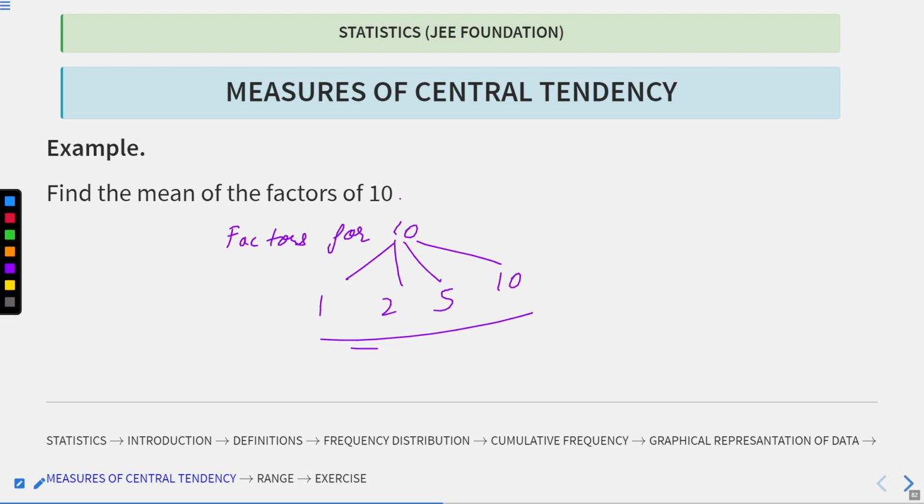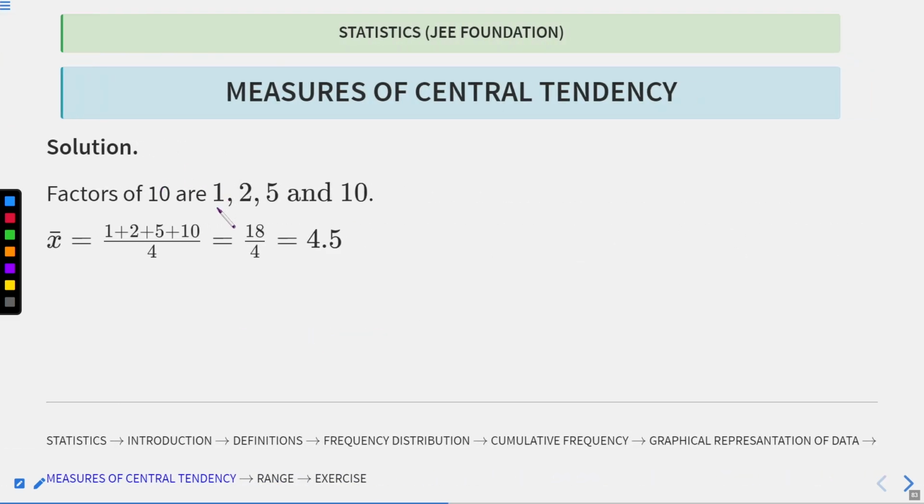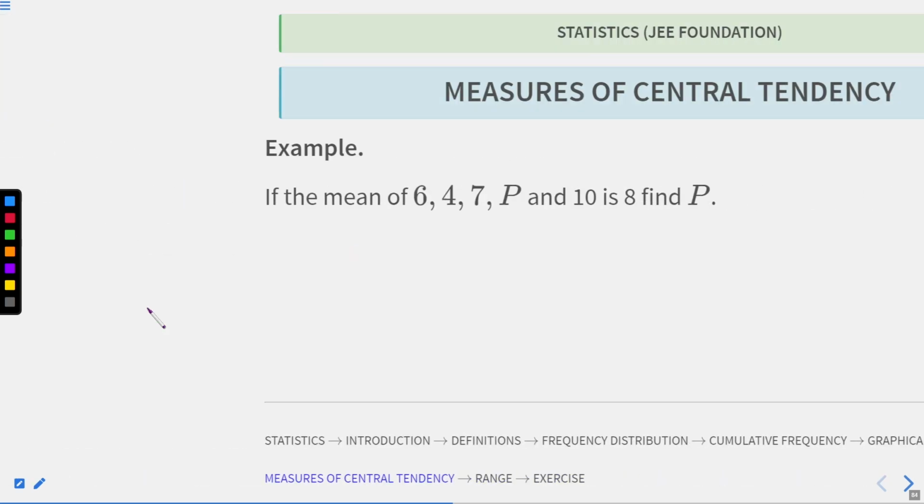So I have 1, 2, 5 and 10 as my factors. These are my observations. The number of observations is 4, and the sum of all observations is 1 plus 2 plus 5 plus 10, which is 18, and divided by 4 gives me 4.5. So my mean will be 4.5. Okay, clear? So let's move next.